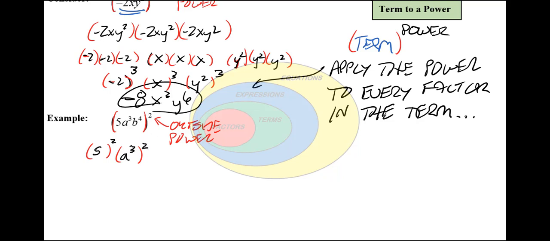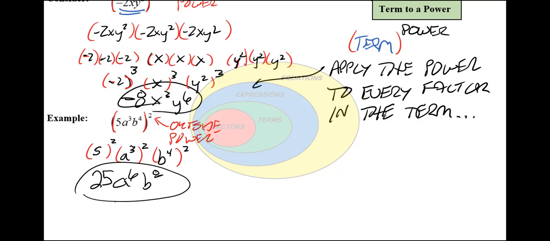And then we have a factor of b to the fourth, and we're going to apply the power of 2 to that. You notice every time we do this, we're always ending up with a factor to a power. So if we get our answer, 5 squared is 25. And then we're multiplying exponents every time we have a variable factor to an exponent. So this would be a to the sixth and b to the 8th.